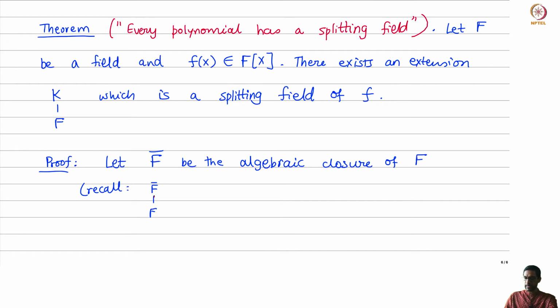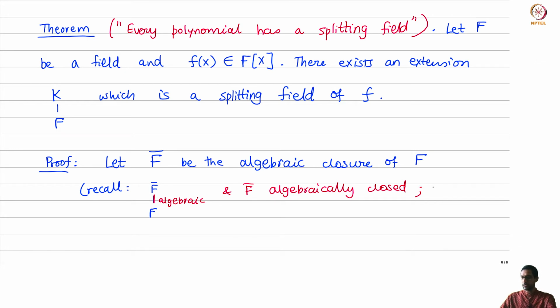Number one, this extension is an algebraic extension, and F bar is algebraically closed, which means that any polynomial with coefficients in F bar will have all its roots in F bar. The classic example being the field of complex numbers itself. That's the definition of the algebraic closure.